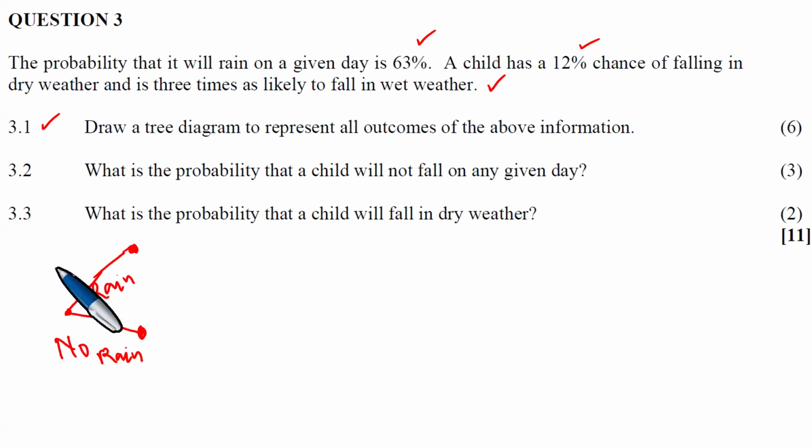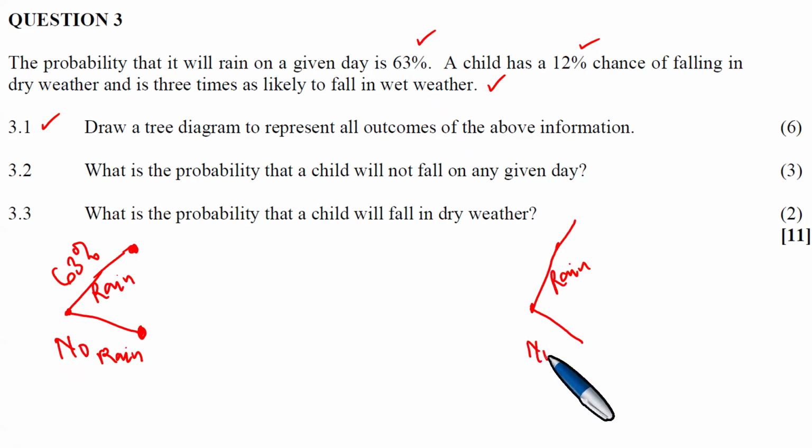So in case it rains, the probability is exactly 63%. We continue. Maybe I can put it somewhere here to create a bit more space. So you have this and you have that. It is either there is rain or there is no rain. 63%.